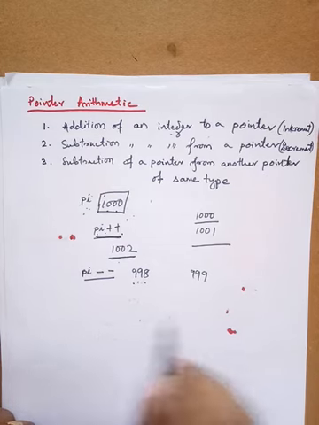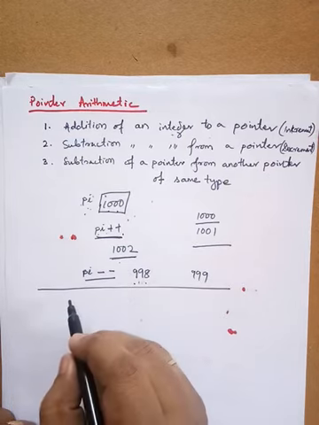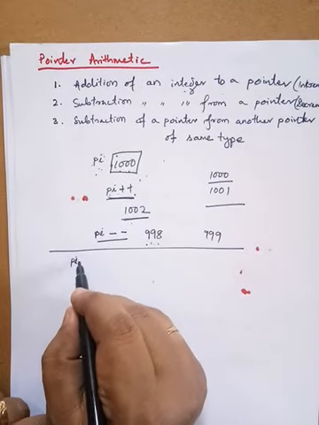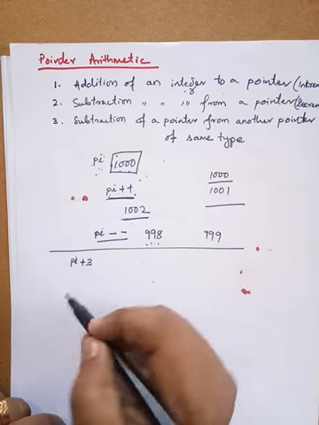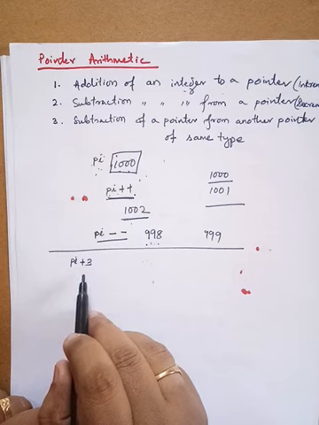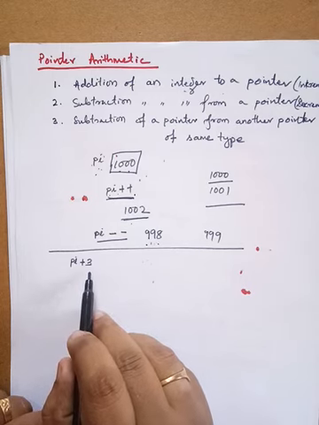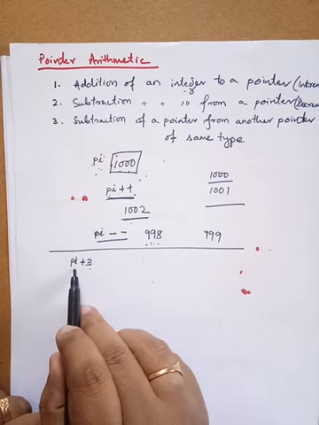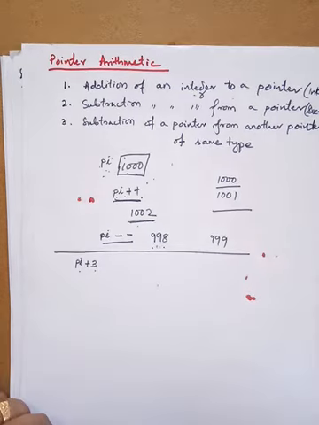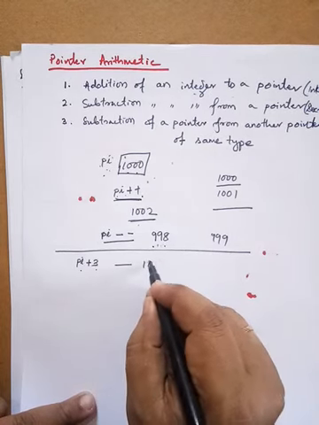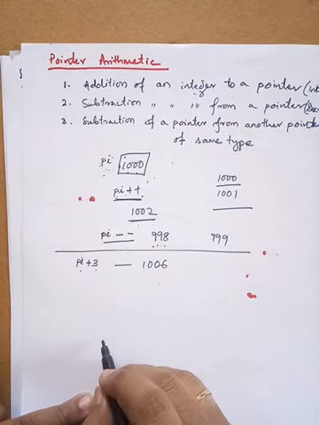Suppose the expression is given as pi plus 3. That means we are adding an integer 3 to this pointer pi, and this will represent the address 1006.